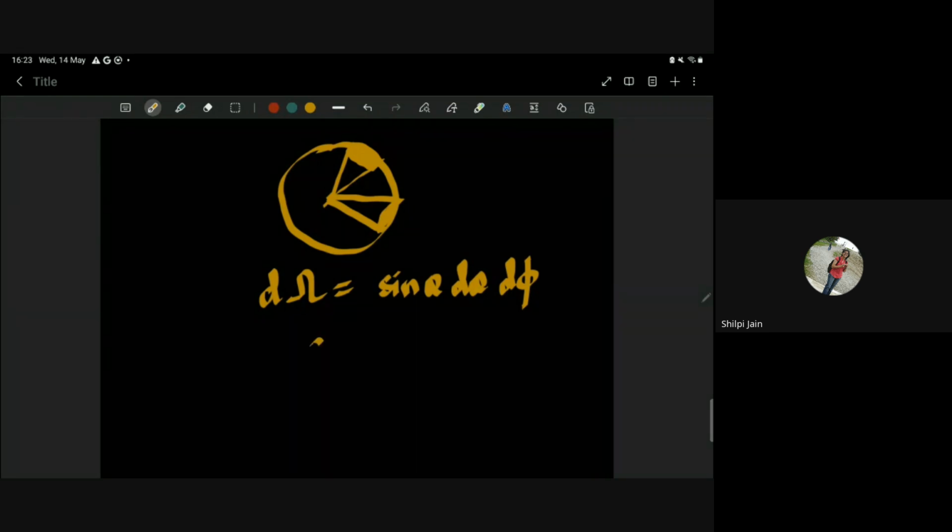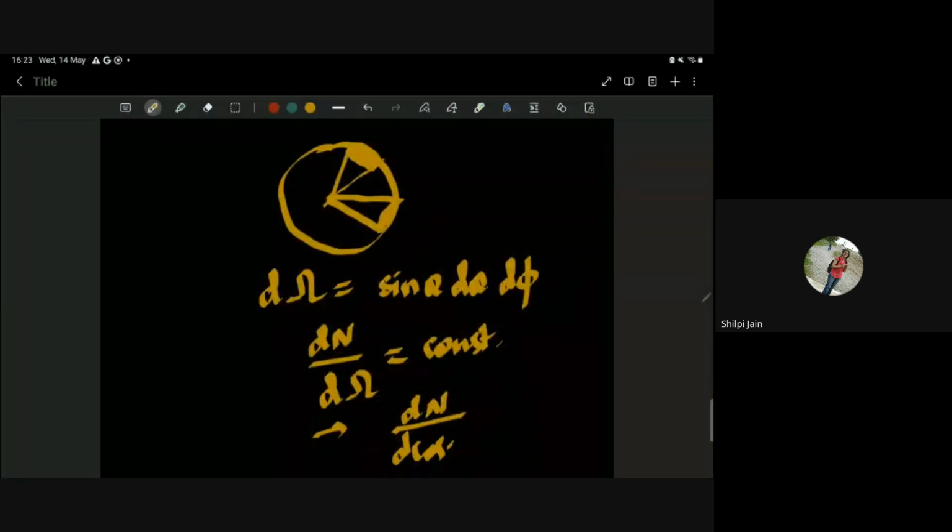And what we are saying is dN by d omega is constant, which means dN by sine theta d theta, which can be written as d cos theta, is constant. So it's constant in cos theta.